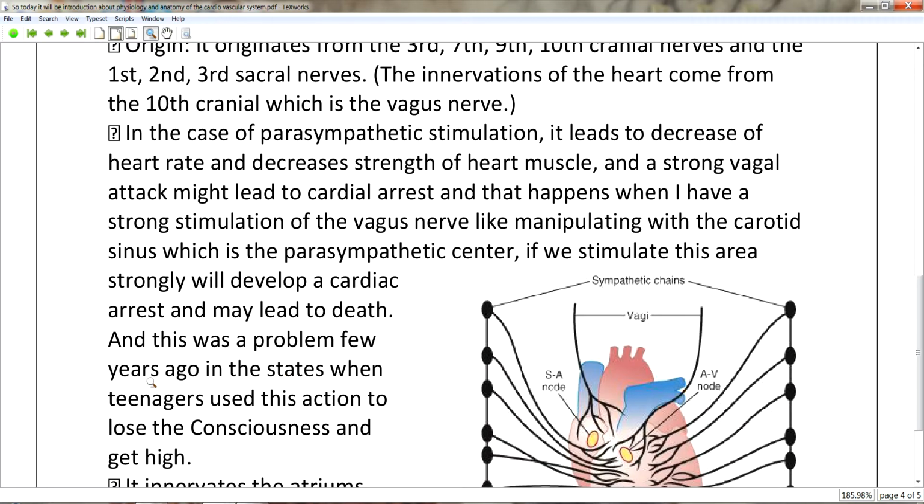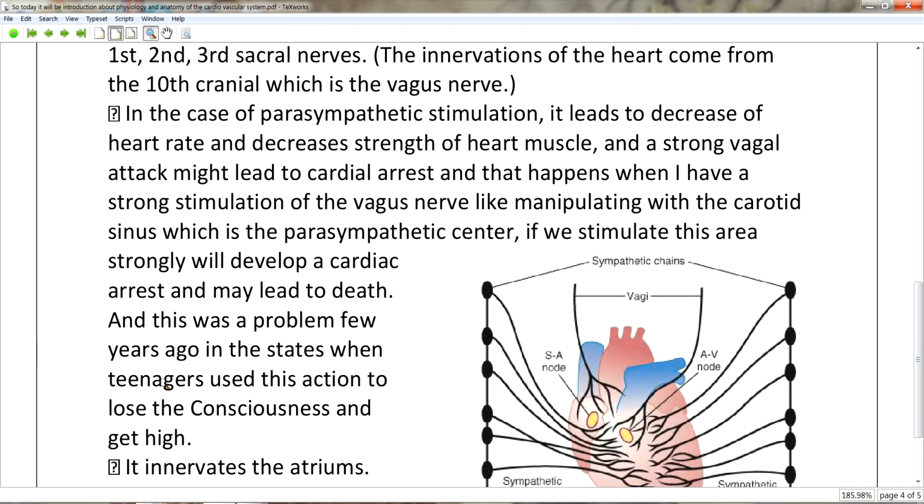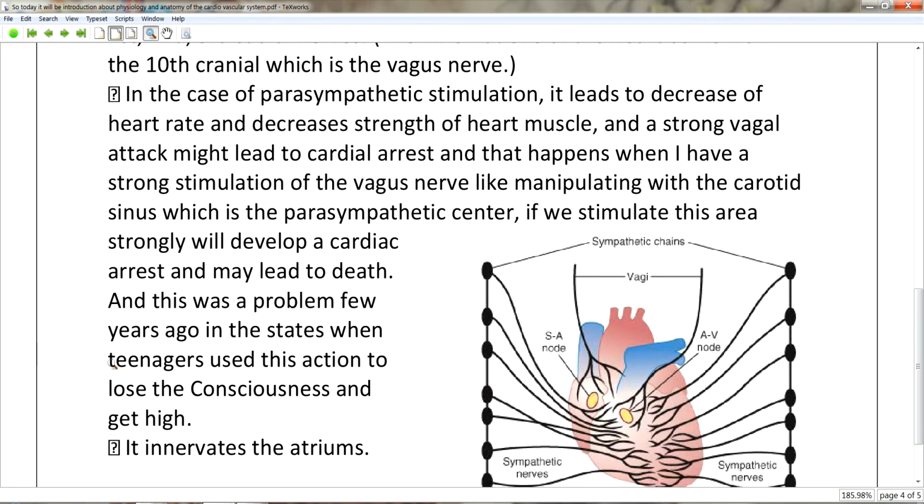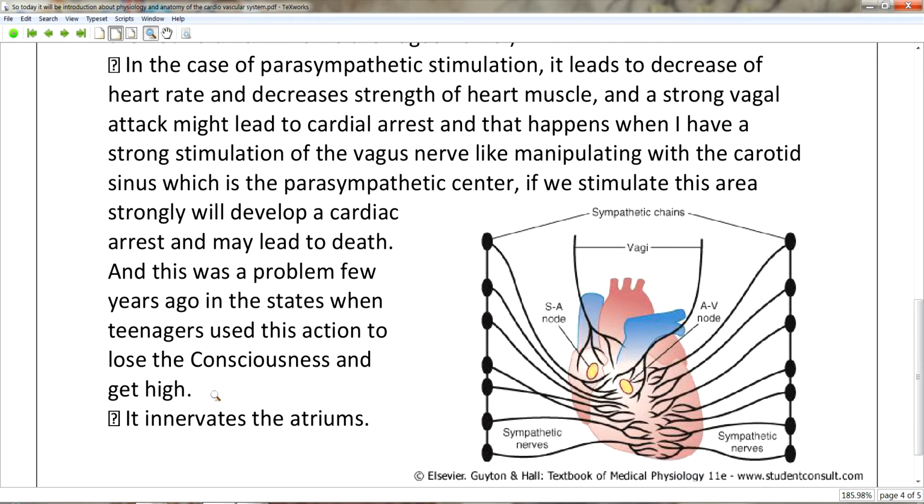This was a problem a few years ago in the United States, when teenagers used this action to lose consciousness.